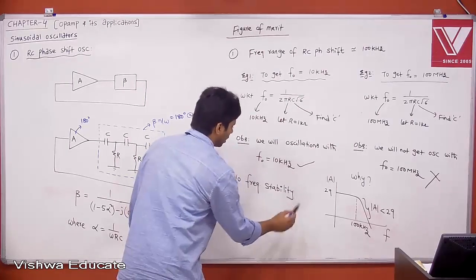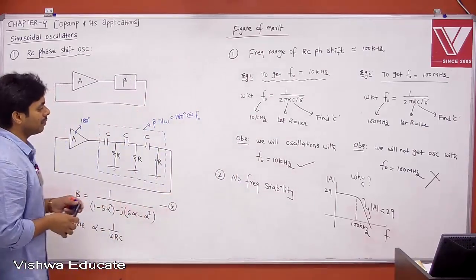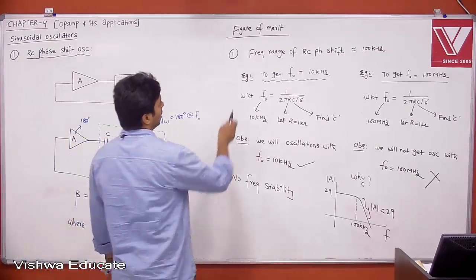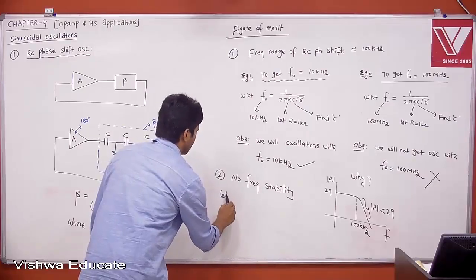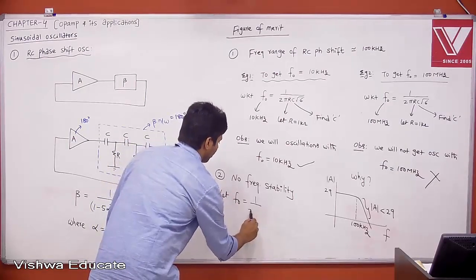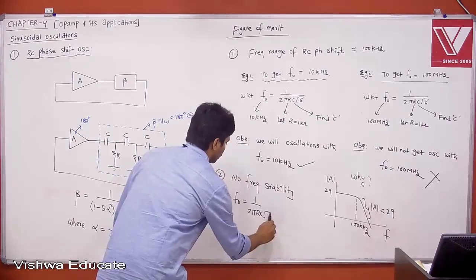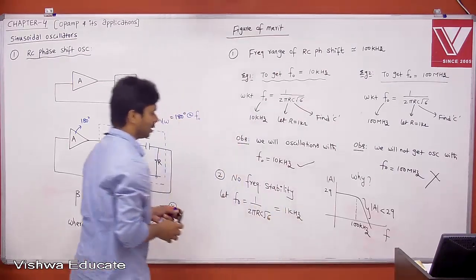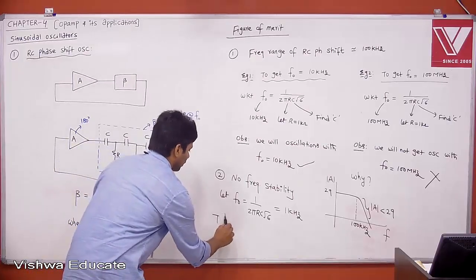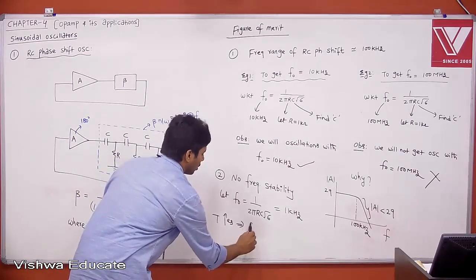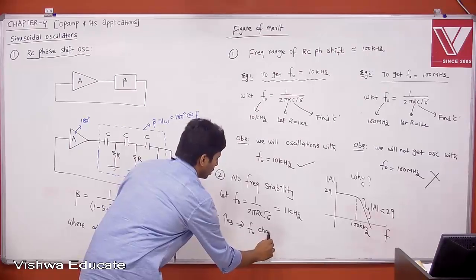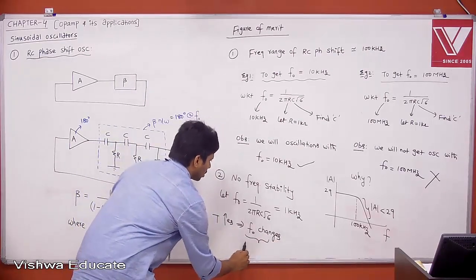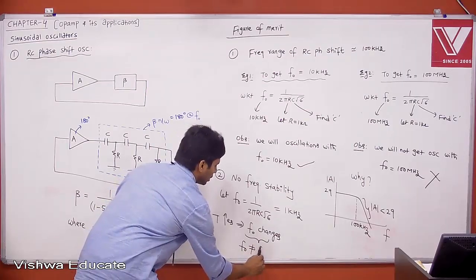Let us say F naught, which is 1 by 2 pi RC root 6, is equal to some 1 kHz. I am expecting 1 kHz, but if temperature increases, R changes, and then F naught changes. Therefore F naught is not constant and not stable.